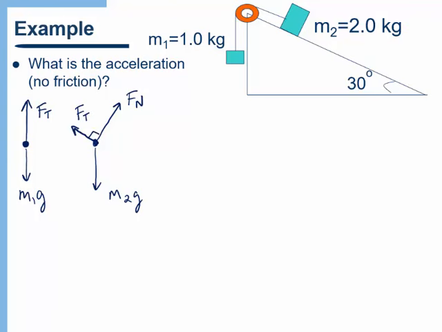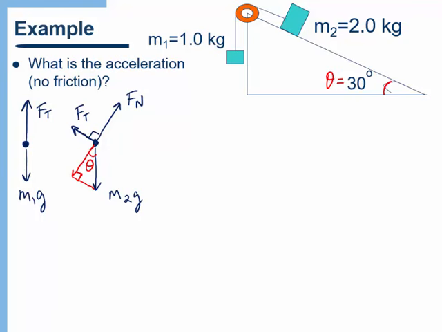Notice that that's a right angle because the tension is directly up the incline and the normal force is directly perpendicular to the incline. We also know from our previous work that if this angle is theta, then that means this angle is also theta. Remember again, that's the right angle, and mg, or m2g in this case, is the hypotenuse.